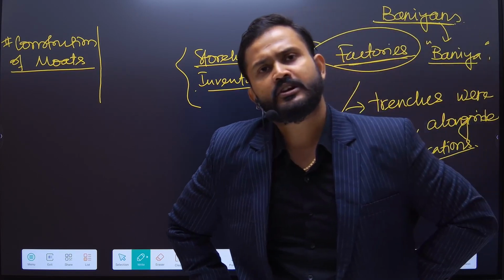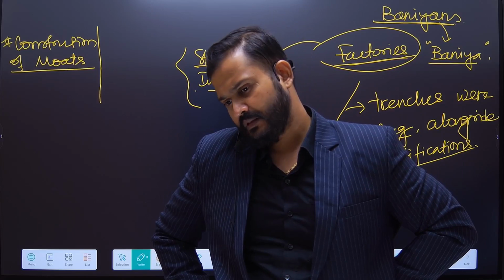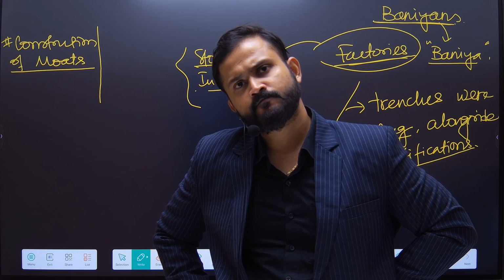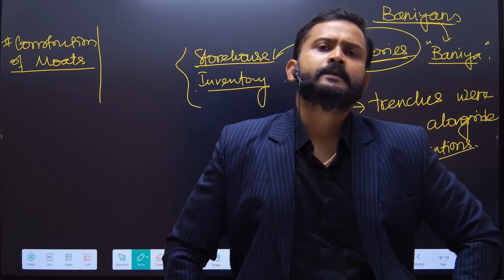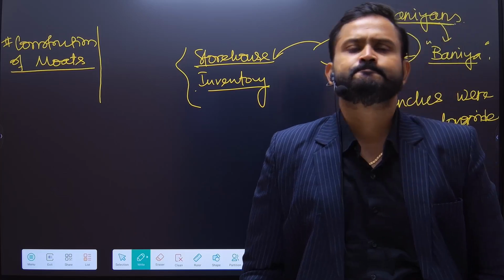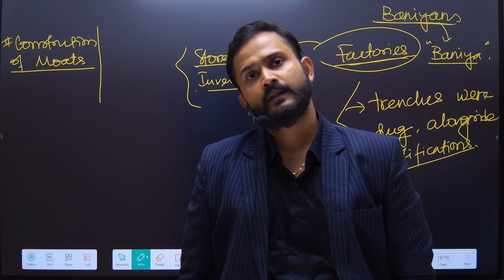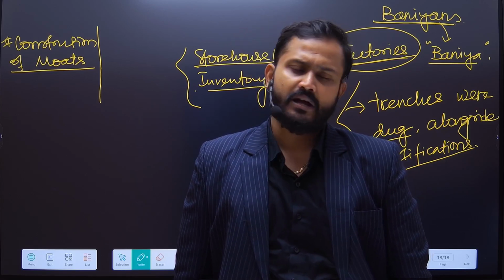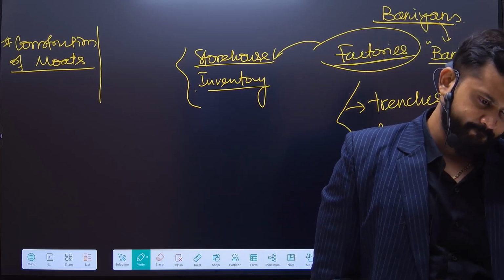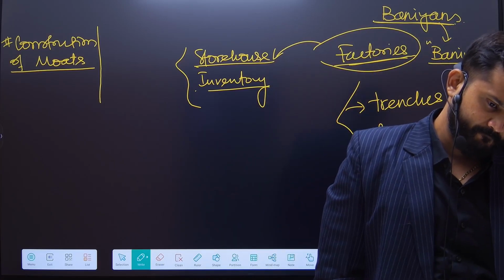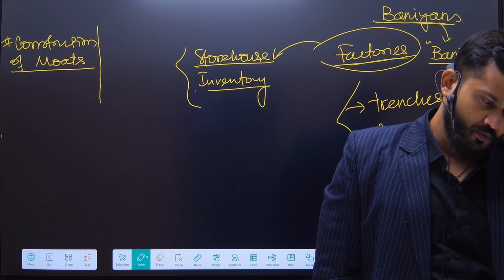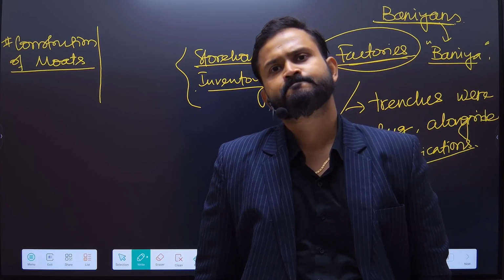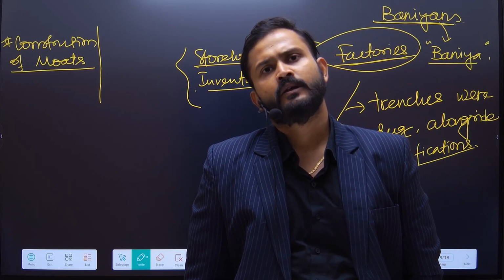Siraj finally decided to attack British settlements at different places. For example, Murshidabad and Calcutta.